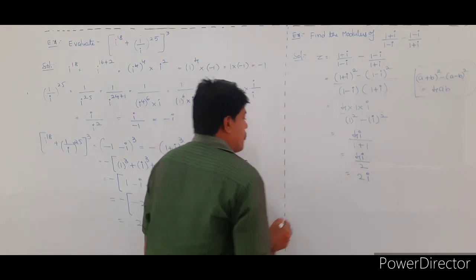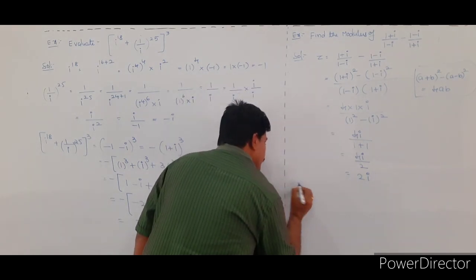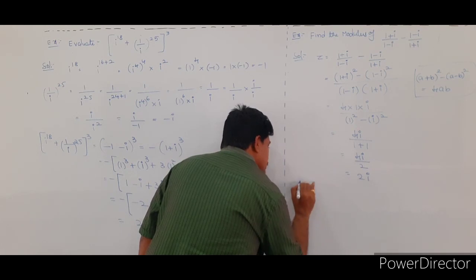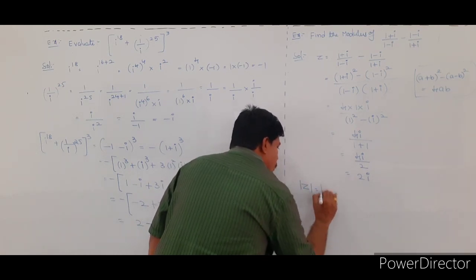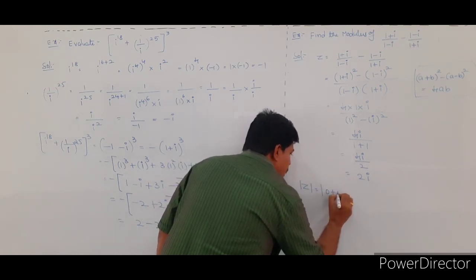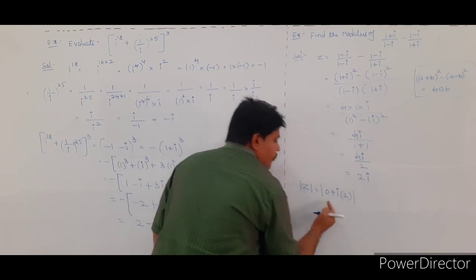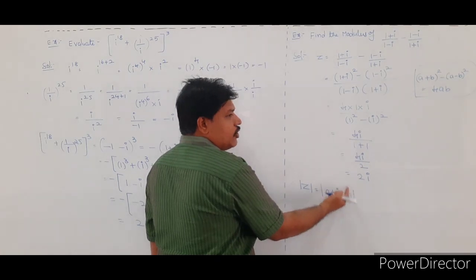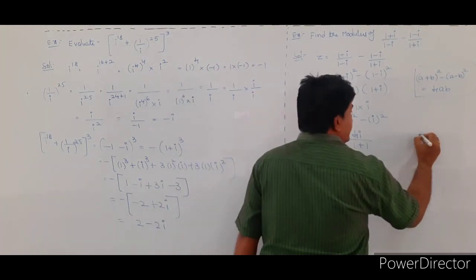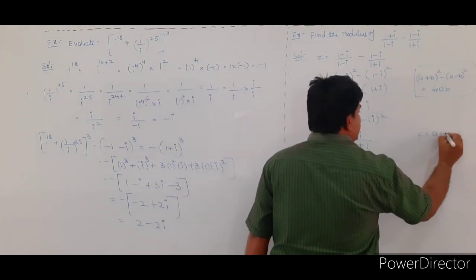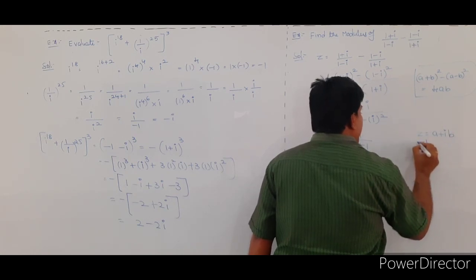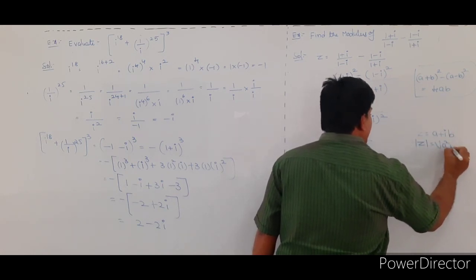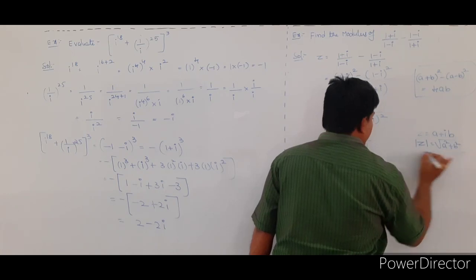Therefore, mod z is nothing but 0 plus i into 2, 2i can be written as 0 plus i into 2. So if z is equal to a plus ib, mod z becomes square root of a square plus b square.